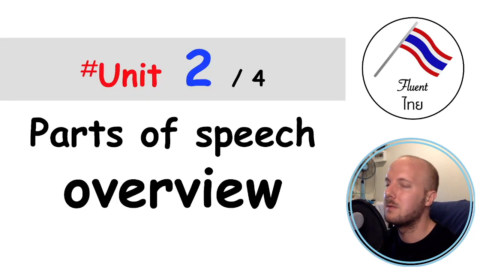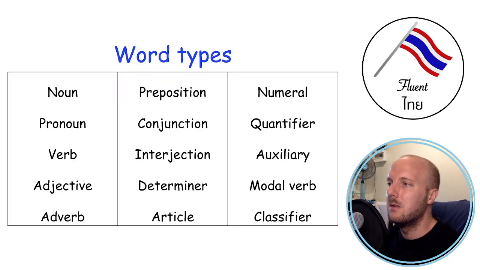What I mean is parts of speech. That's what we call it, because these are key components of a language, and it's going to be useful to know what they actually are, what they mean, because you'll know a better way to learn a language, and you'll actually understand the language a bit more.